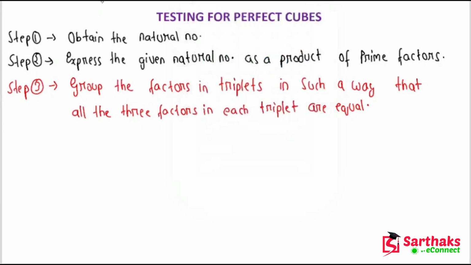So we have to group the factors in triplets, right? Now let us talk about the final step. Step number 4. Now it will decide on the basis of these triplets whether a number is a perfect cube or not.